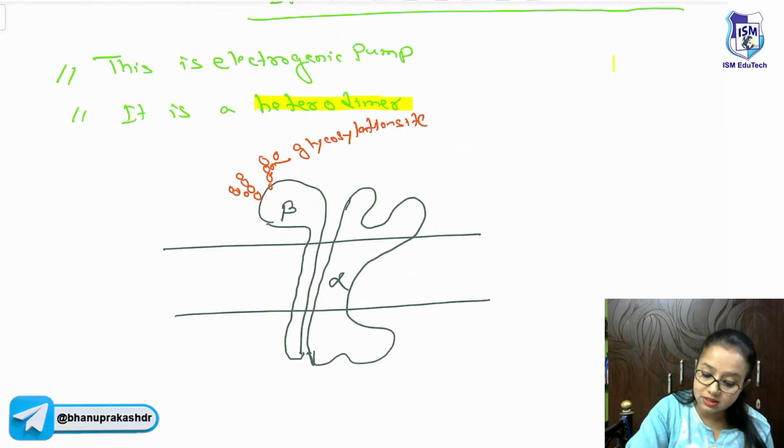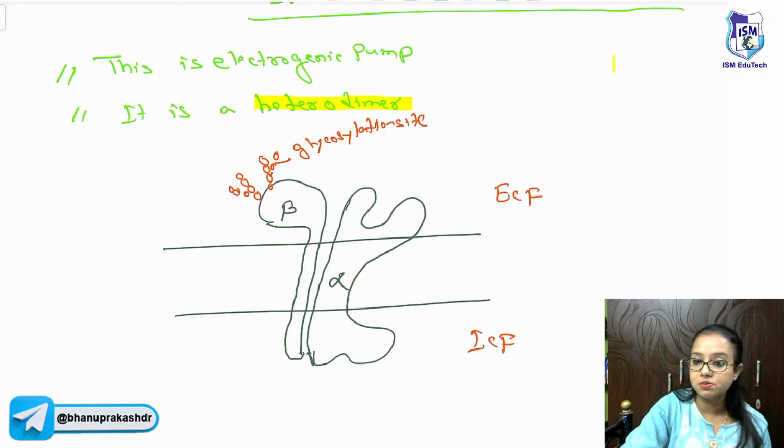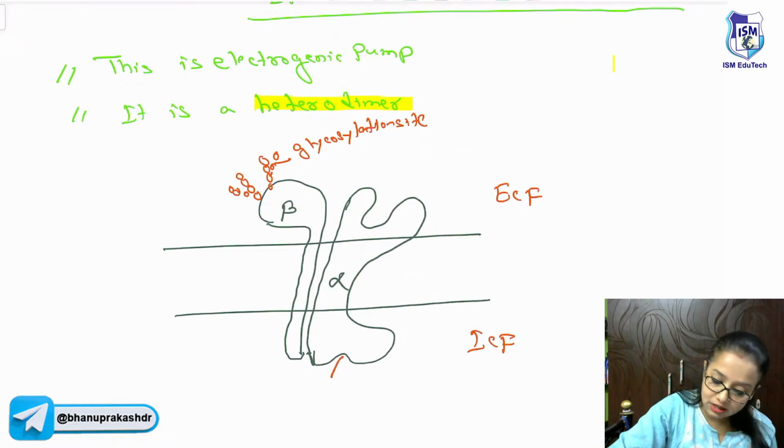It is the alpha subunit that has got multiple binding sites and it is a little bit more compared to that of the beta subunit that goes in the cytoplasm, that touches the ICF. The alpha subunit, it is touching the ICF more prominently. So here it has got a sodium binding site.